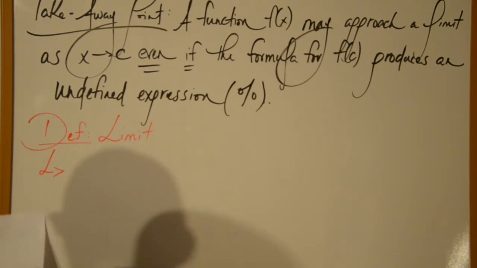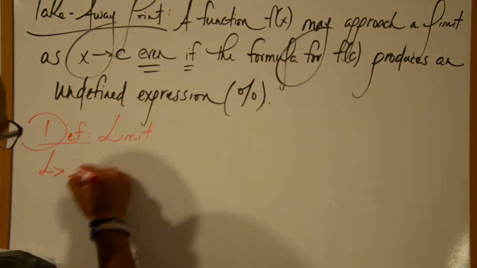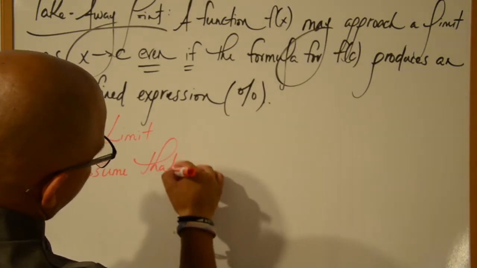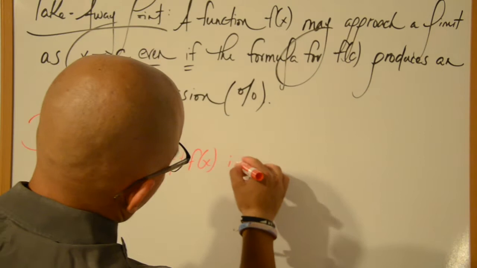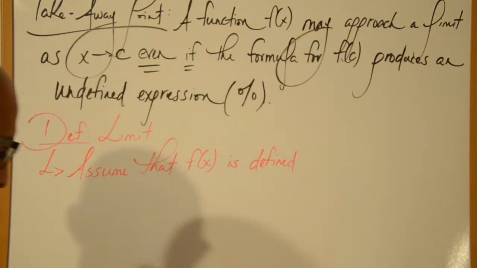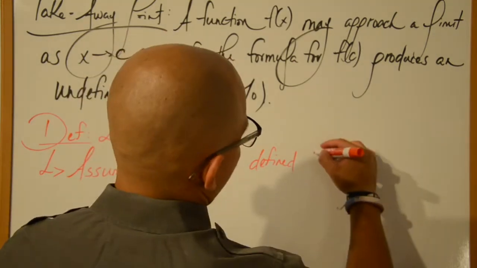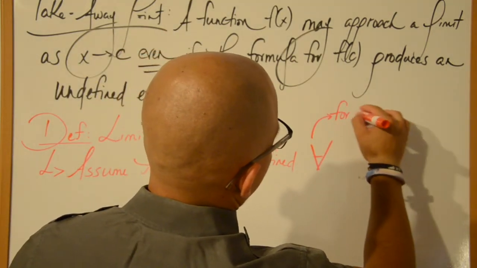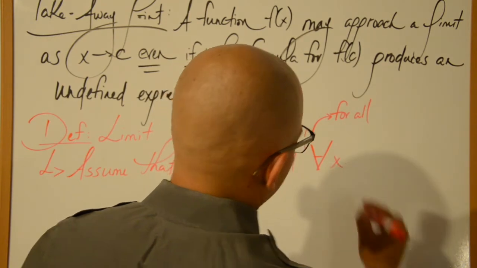That being a limit. Assume that f of x is defined. You'll start seeing me use some symbols. If we have an upside down A, this stands for all.